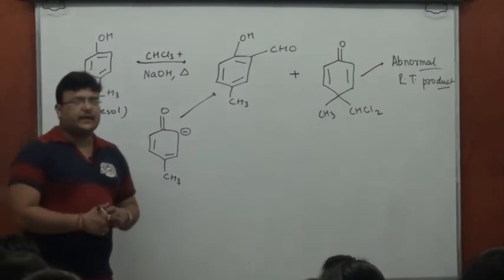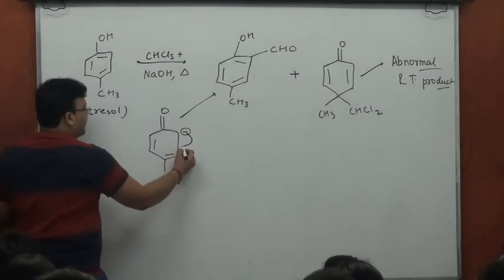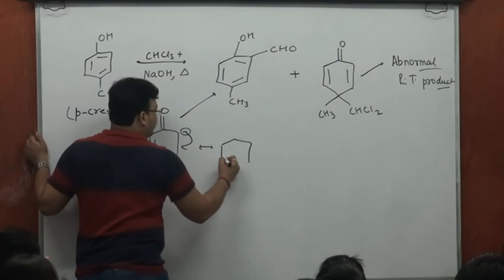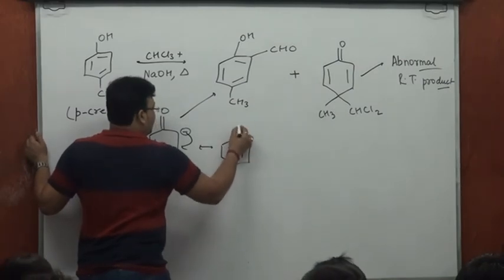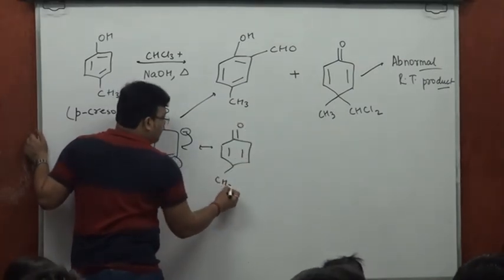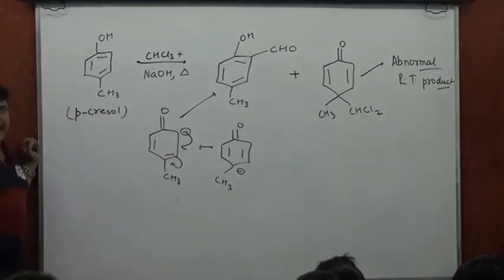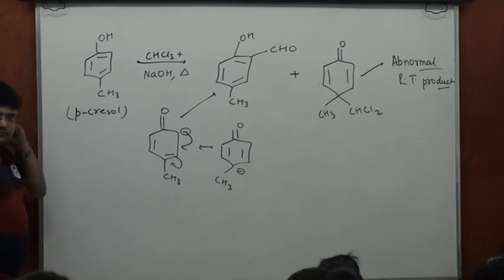And let's also agree that this coming down and this coming at the para position, giving you a structure of this kind, would be responsible for a para attack. All right.